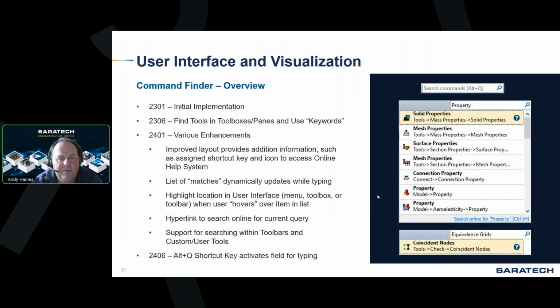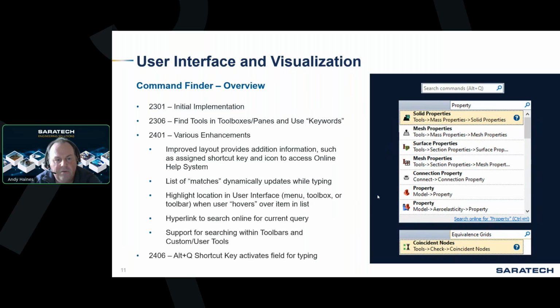Again, if you haven't used Femap since 2301 for some reason, we finally added a command finder. It was an initial implementation. Then we started allowing you to search for keywords or look in toolboxes and panes. 2401 was the big leap forward, giving it an entirely different look and feel.